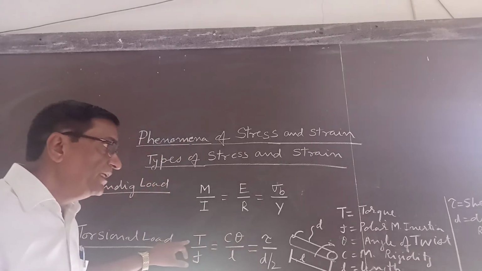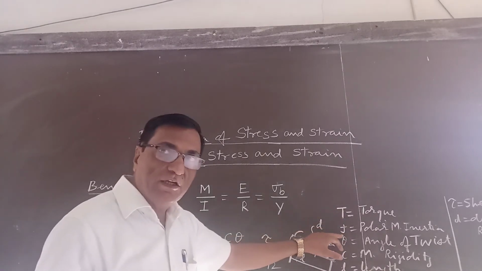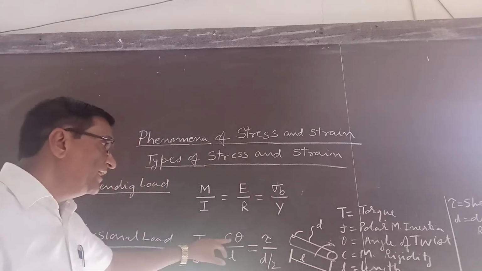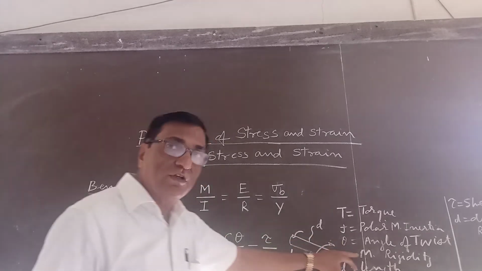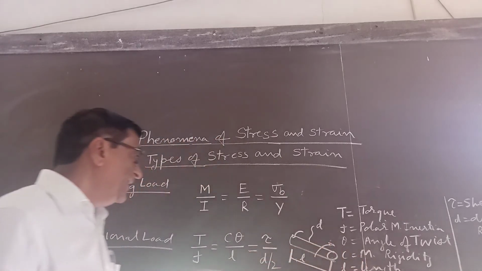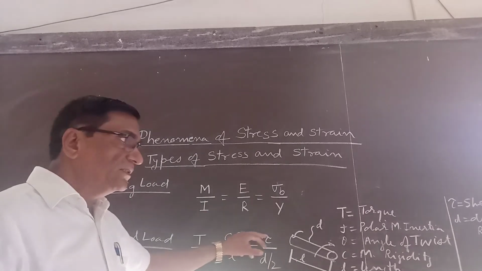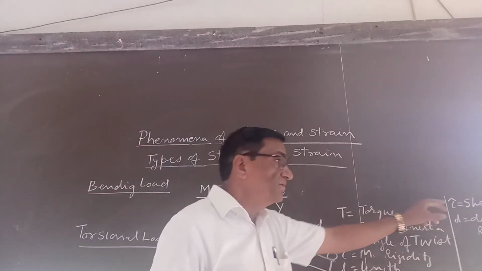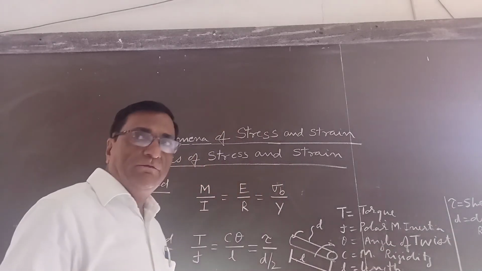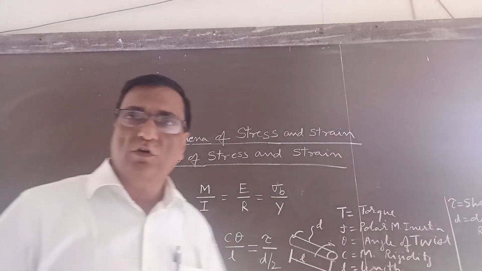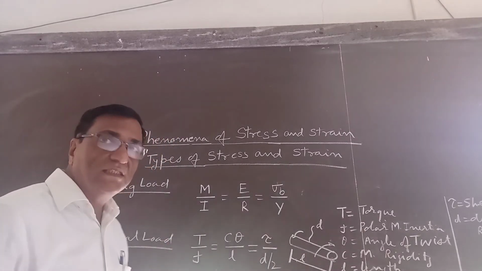In this, T is the torque, J is the polar moment of inertia, theta is the angle of twist, C is the modulus of rigidity, L is the length of the object, tau is the torsional shear stress, and D is the diameter of the member. When a member is subjected to torsional shear stress, the torsion equation is applied.